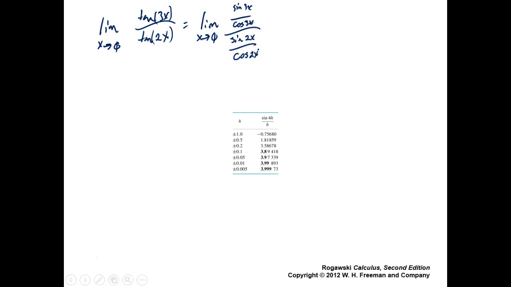Okay. Now, as x is approaching 0, that numerator is approaching 0, and the denominator's approaching 0. It's still in the same boat, but if you break it down, that would be a 0 over 1, because as x is approaching 0, 3x is going to 0, but cosine is approaching 1 in both numerator and denominator.